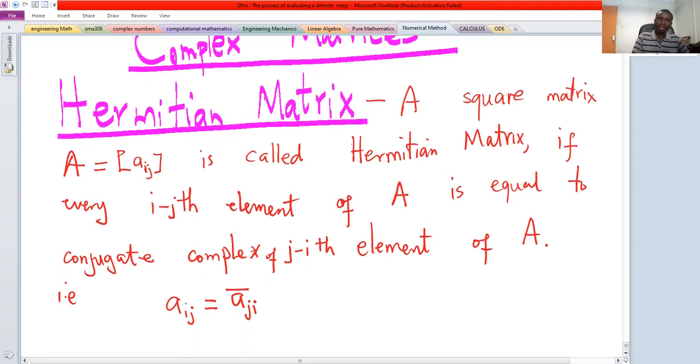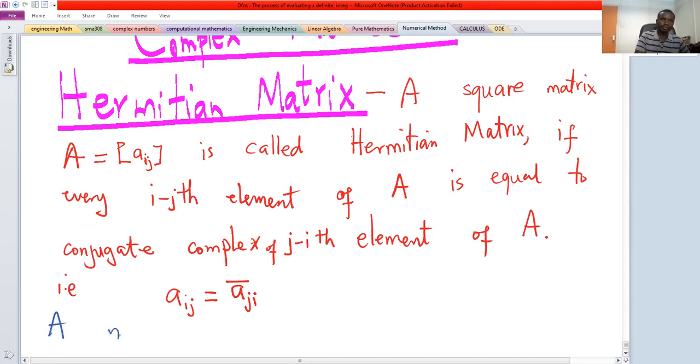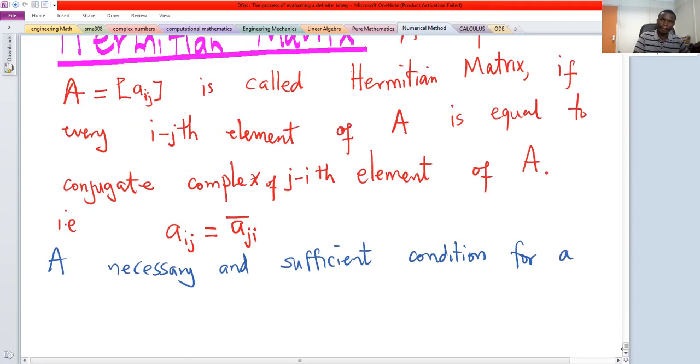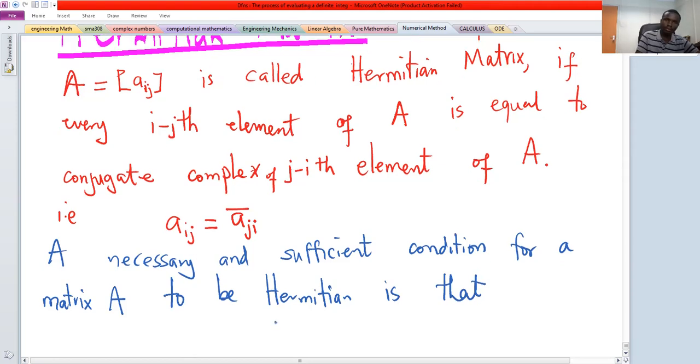And then, before we give examples, a very powerful tool on Hermitian matrices: a necessary and sufficient condition for a matrix A to be Hermitian is that A is equal to A power theta.